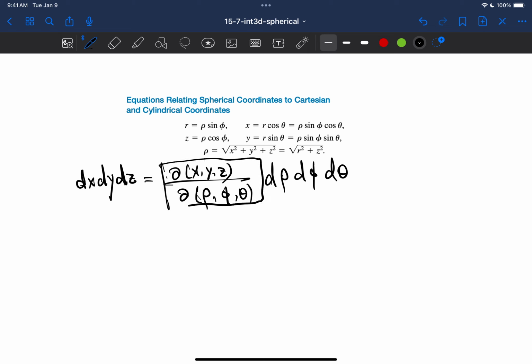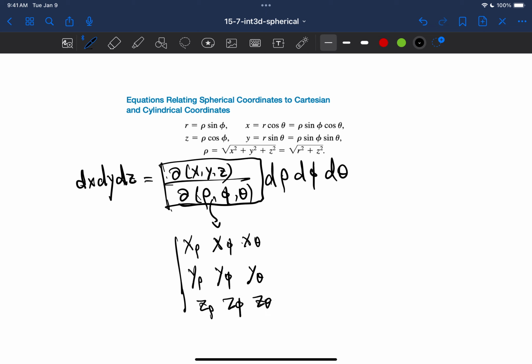This Jacobian is the same as the determinant of the 3 by 3 matrix: x rho, x phi, x theta; y rho, y phi, y theta; and z rho, z phi, z theta.